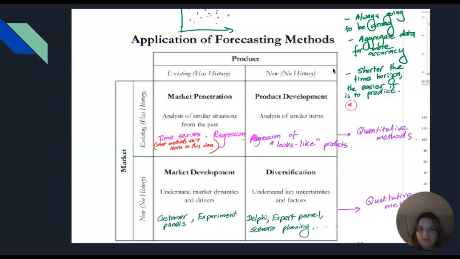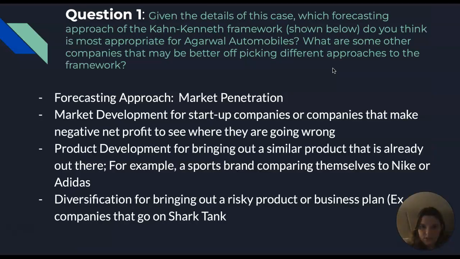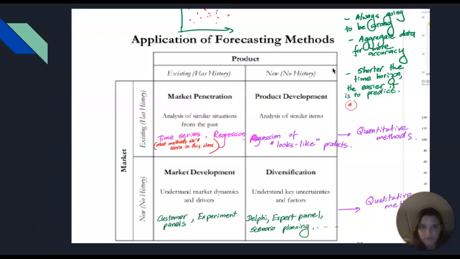I would just say, because of a time series, I think it's very helpful to see that because they have been around for a while, so you can look at past, present, and it is the fuel industry, so it is already out there, it's existing. So I chose market penetration, but for other companies, I think there's better options than that. Let's look.